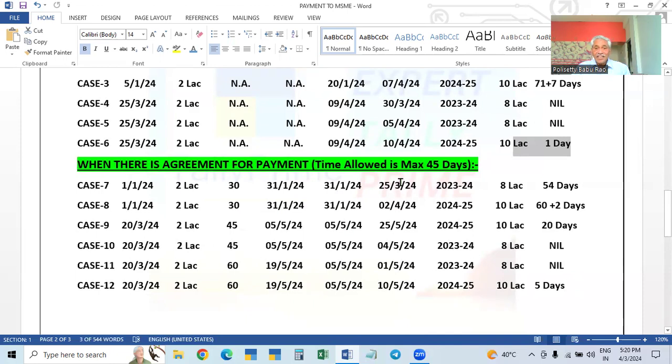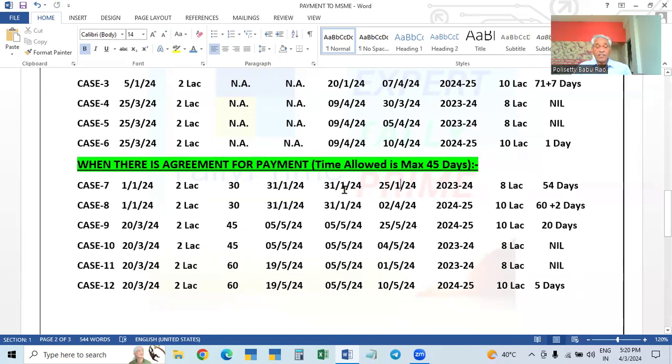Okay, in this case, the actual amount is paid on 25th January.